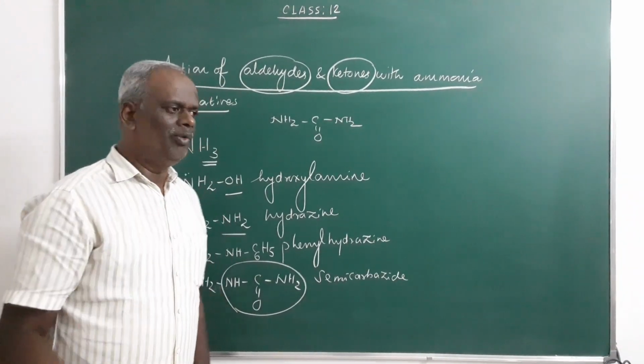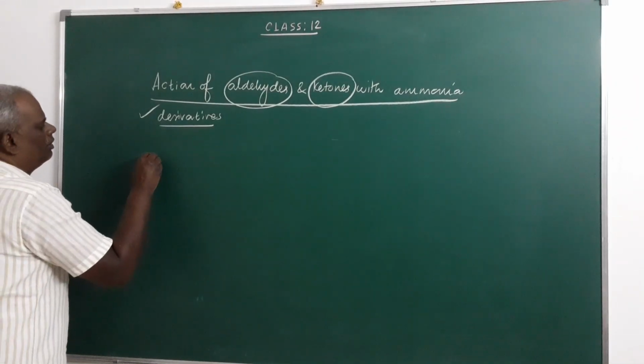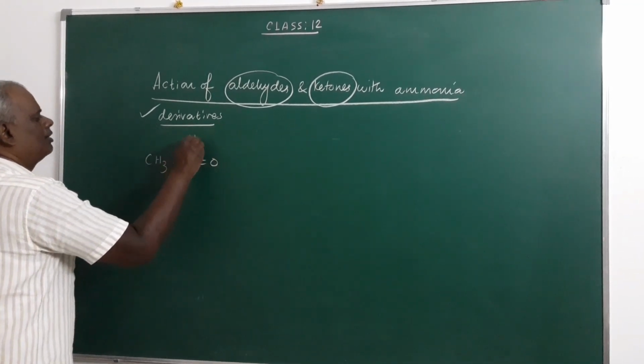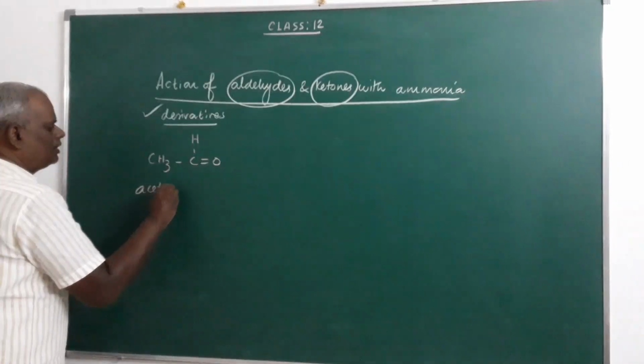We are going to write them one by one. We can take the first example, CH3 C double bond O H. The compound is acetaldehyde.